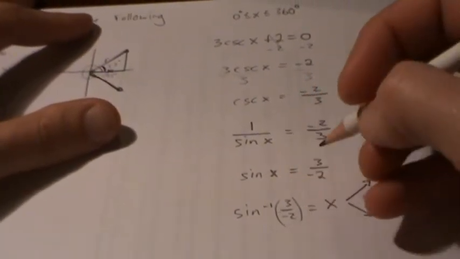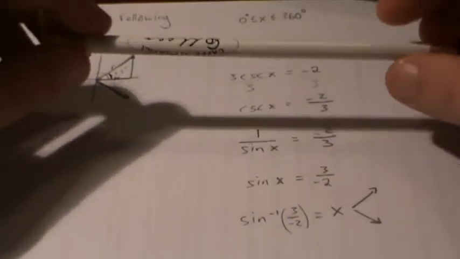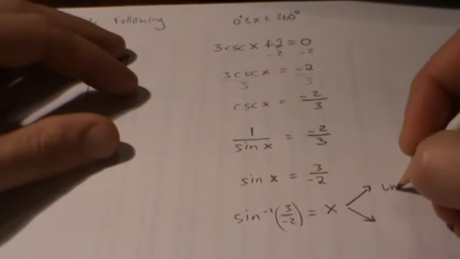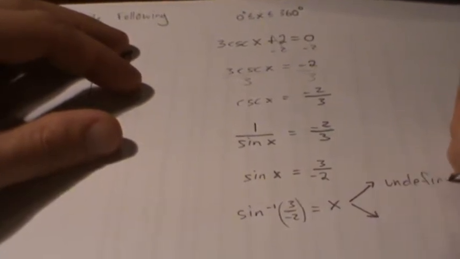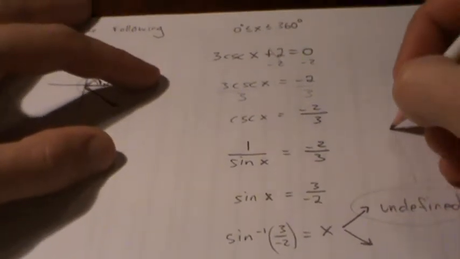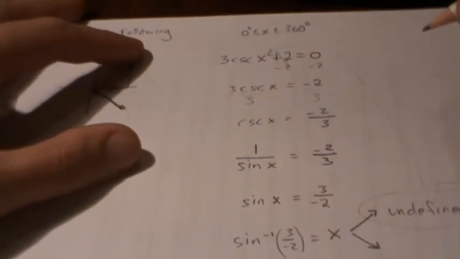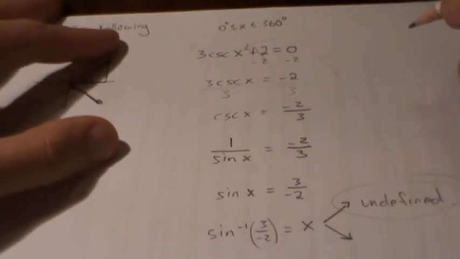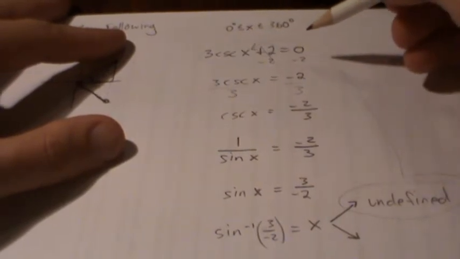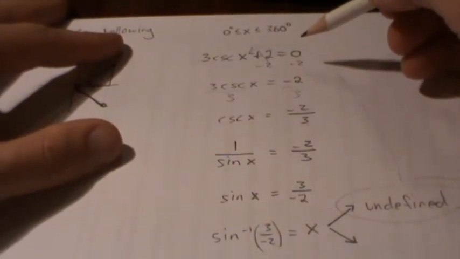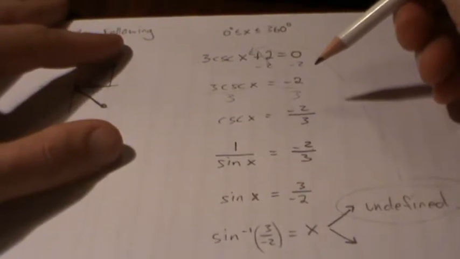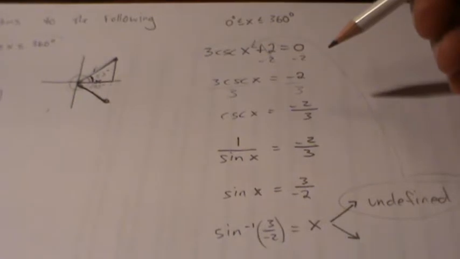And so, in the end, if I try and type in the sine inverse of negative 3/2, I'm going to get undefined. Therefore there actually is no angle that I could place in here to make this side equal to 0. And that's basically the idea there.